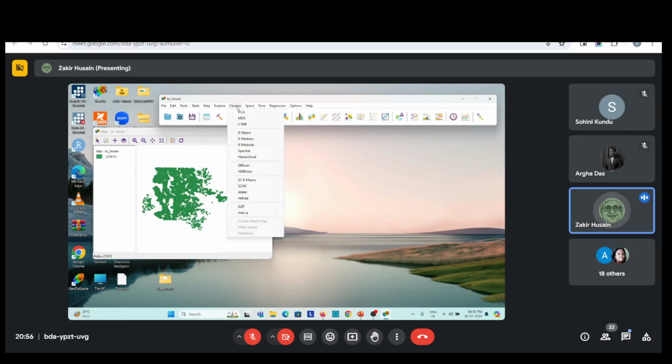Then we go to clusters and we go for the k-means. Actually, yeah, I may have some problems over here. If it closes, I have to do everything all over again.